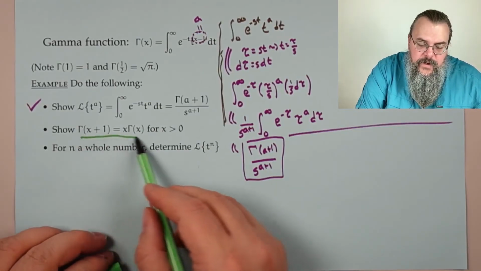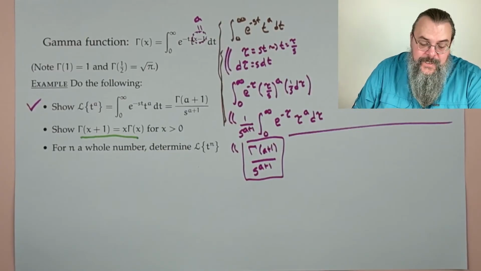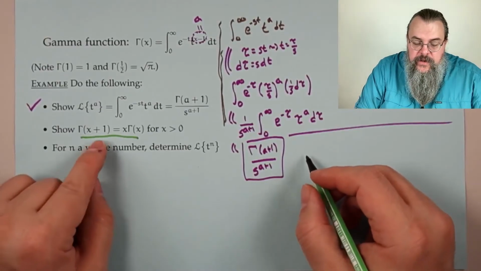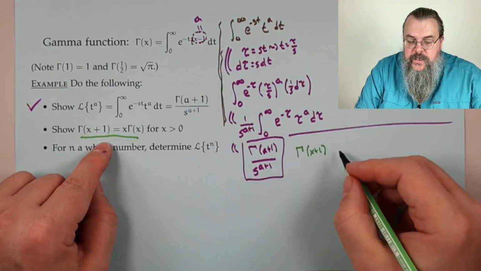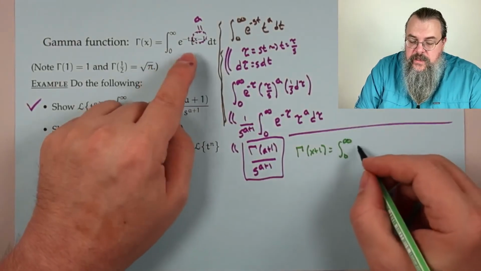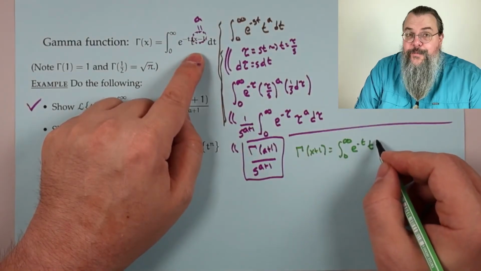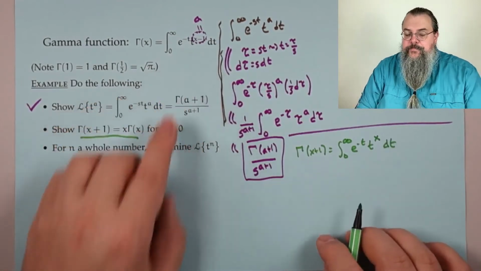Gamma of x plus 1 versus x gamma x. Okay. Well, let's try this out. So by definition, gamma of x plus 1 is integral 0 to infinity e to the minus t, t to the x plus 1 minus 1, which is just t to the x, dt.